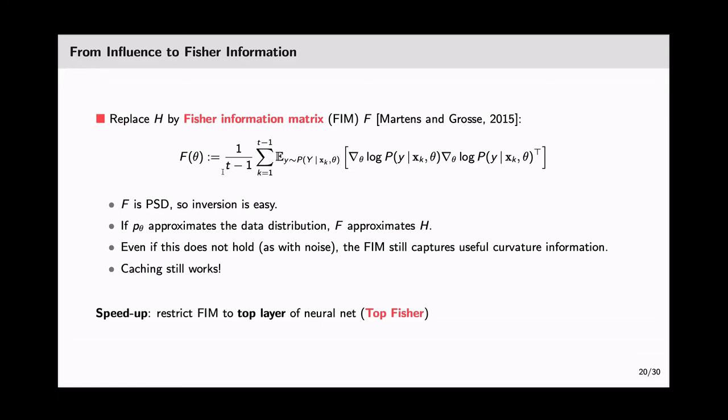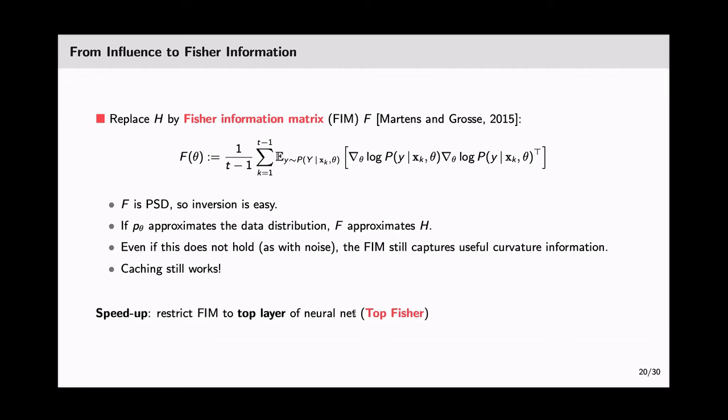So basically, you can restrict it only to a subset of the parameters of your model. In our example, we restrict it only to the top layer, the last layer of our network. So one way to do it is this approach, to restrict that.